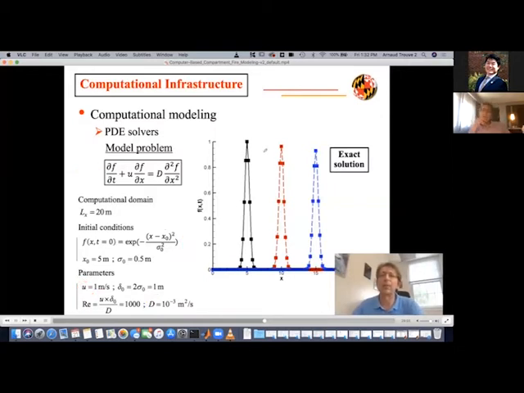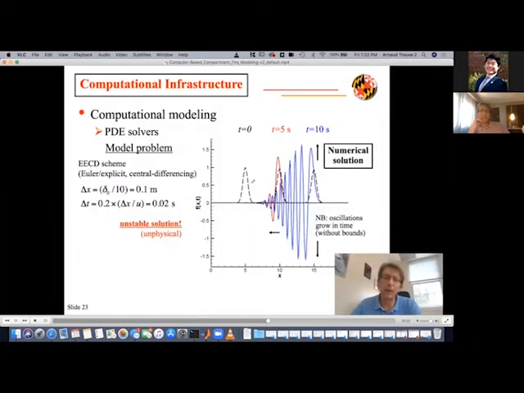Here I'm plotting the exact solution. The black line corresponds to the initial condition, and the red and blue lines correspond to the exact solution at t equal 5 seconds and t equal 10 seconds. We see that the signal f, this initial f perturbation, is convected to the right by convection. It is also affected by diffusion.